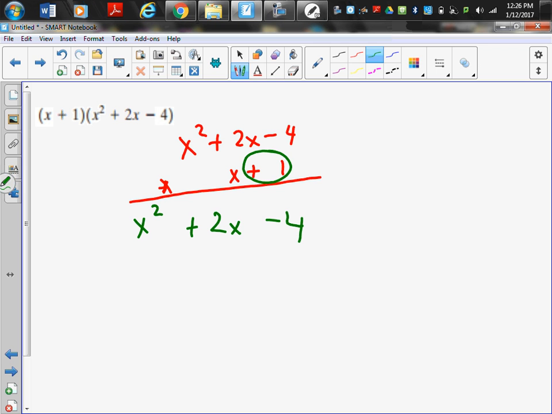Now we're going to take this piece. x times negative 4. It has to go in this column because it's your x's. Negative 4x. x times 2x is 2x squared, and it's positive. And x times x squared is x cubed.